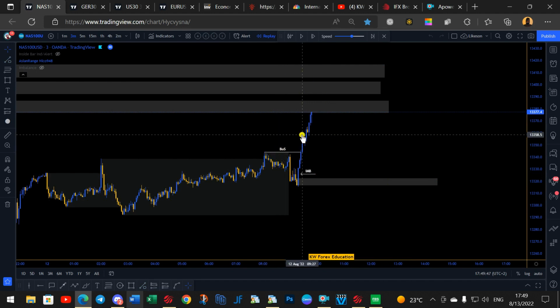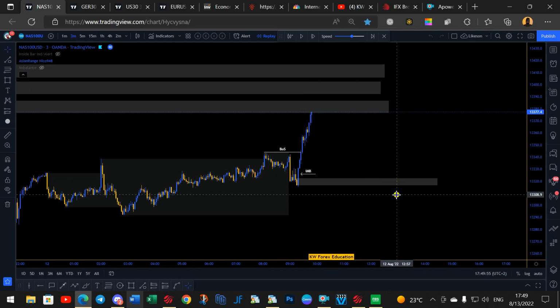As we have a break of structure here, price needs to come down here, fill up this imbalance, then we can see price continue going all the way up.